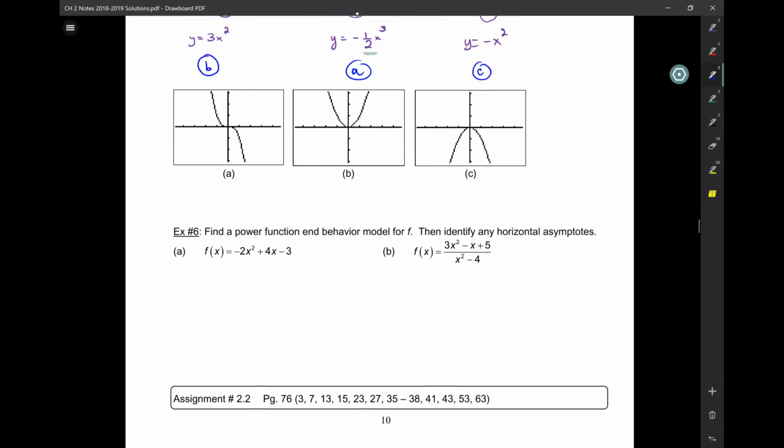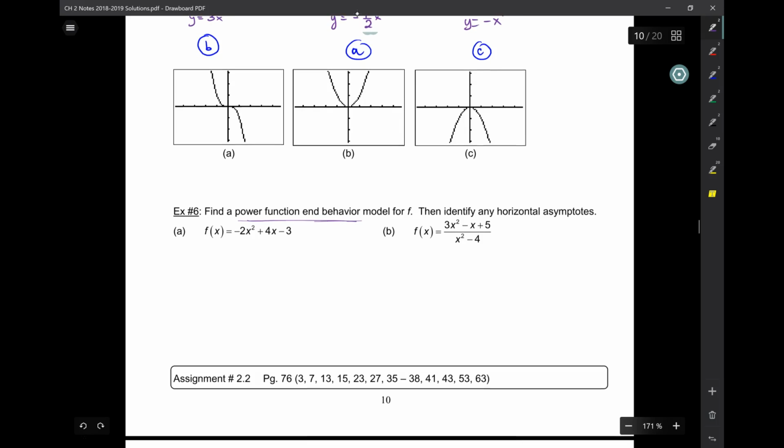All right. So here, find a power function and behavior model. We're only going to take the higher term. So we say y equals negative 2x squared. Okay. Is this a rational expression? Is there a denominator with a variable in there?